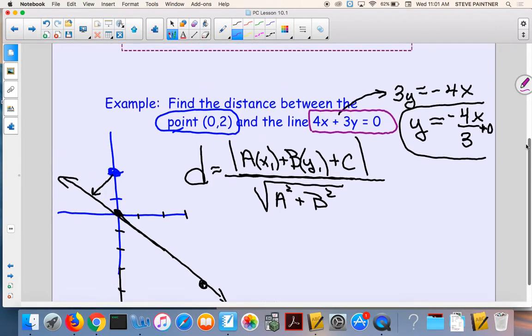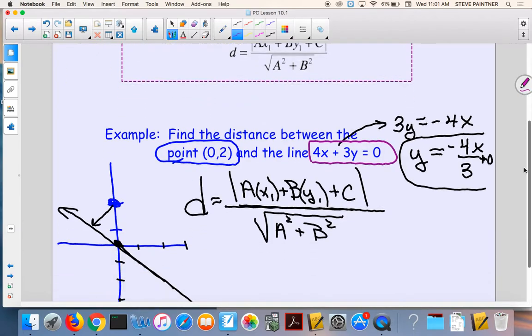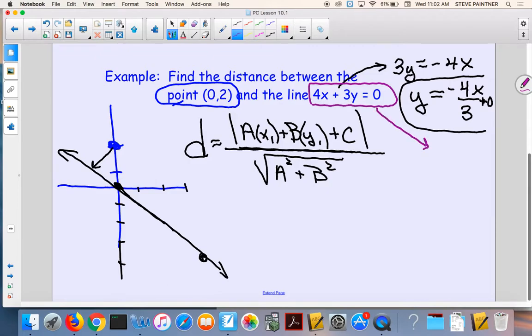Okay, because look, this is what I want: x and y on the same side, the constant on the same side, everything on the same side, 0 on the other. So yeah, this is good. We like this. You can say 4x plus 3y plus 0 equals 0. So there's your A, there's your B, and there's your C. And then your x1, y1, well, that would be 0, 2. This is your x1, y1. Okay.